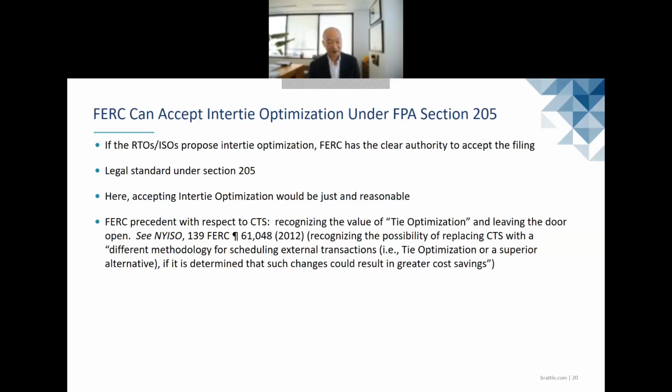And here, of course, the argument is pretty clear that accepting the proposal would be just and reasonable for all of the reasons that Hannes explained in doing the economic analysis as to what happens under CTS now and the inefficiencies that have resulted, the market monitors raising their concerns, and on the other hand, the benefits of intertie optimization. So I think the case is pretty clear that if an RTO ISO submitted an intertie optimization proposal to the Commission, that the Commission would have the clear authority to accept that proposal. So that's the case under Section 205 of the FPA.